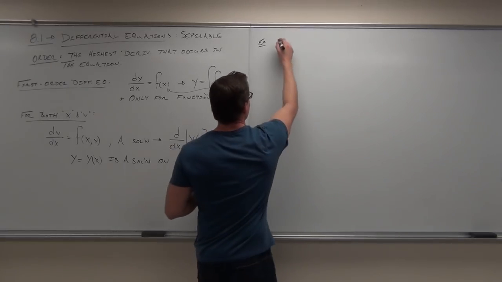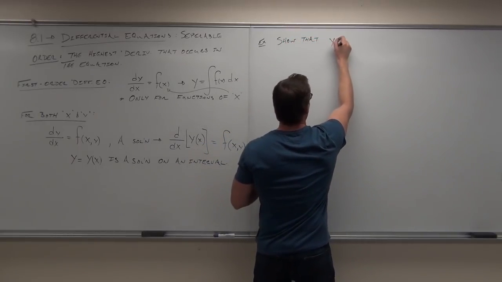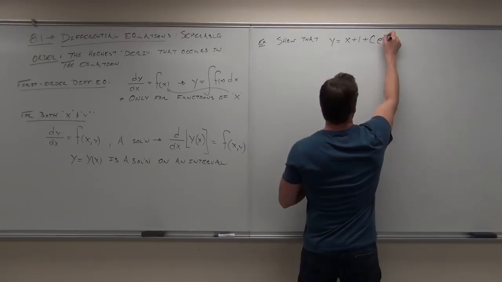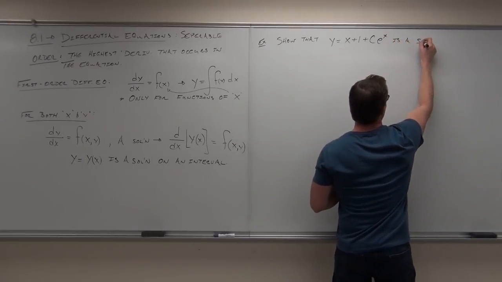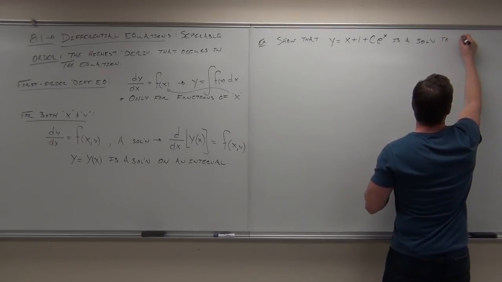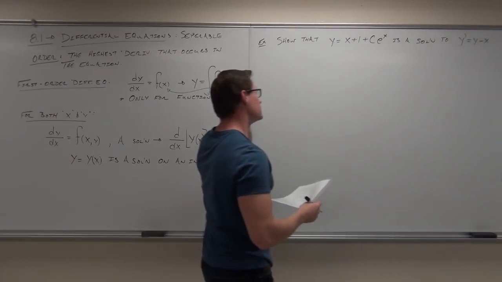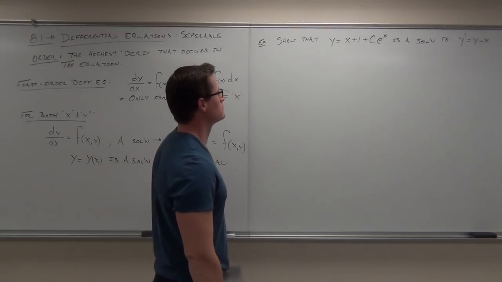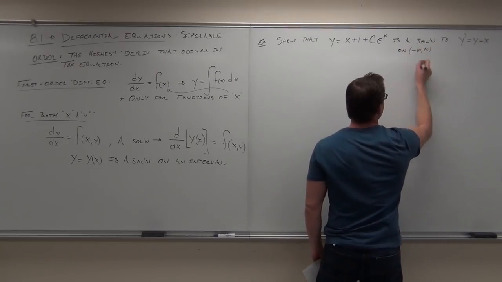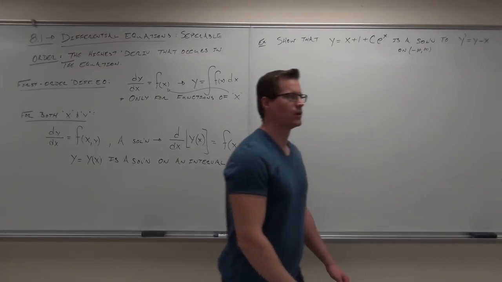So, show that y equals x plus 1 plus c e to the x is a solution to y prime equals y minus x, on negative infinity to infinity. Well, golly gee, how in the world are we going to do that?